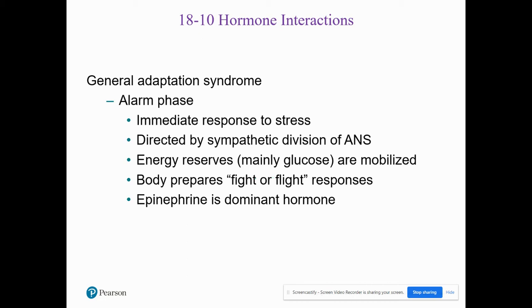For that part, your body is mainly going to start to use energy reserves like glycogen into glucose. And your body will immediately start to go into a fight or flight response. And the dominant hormone here is epinephrine.